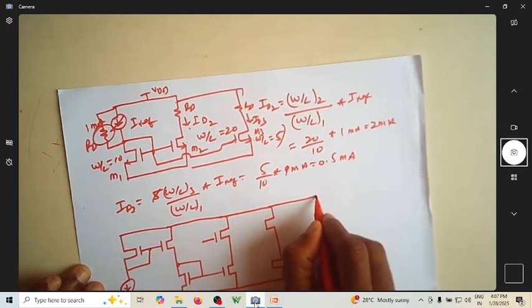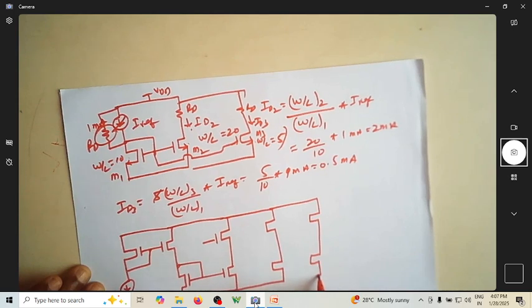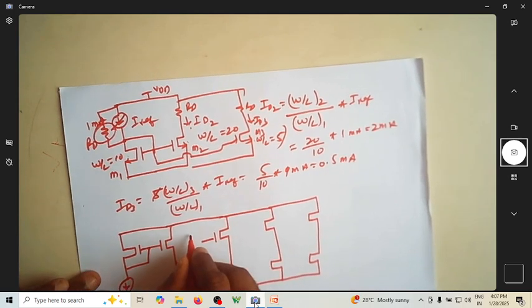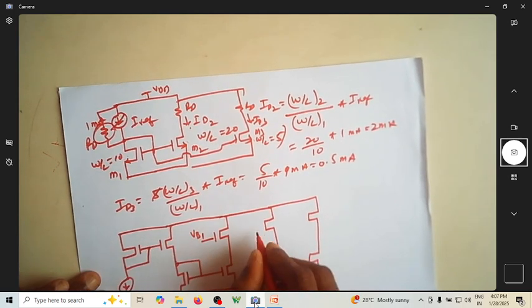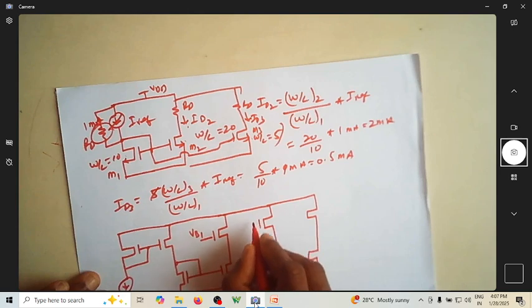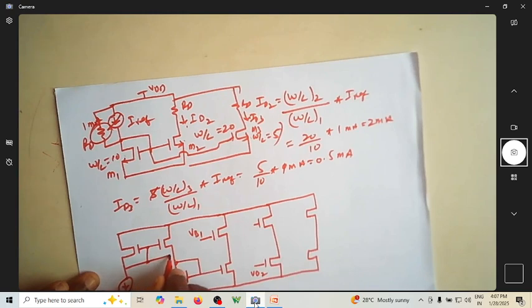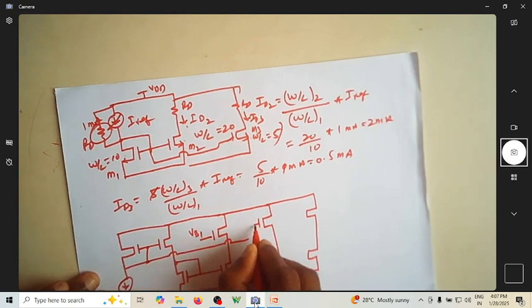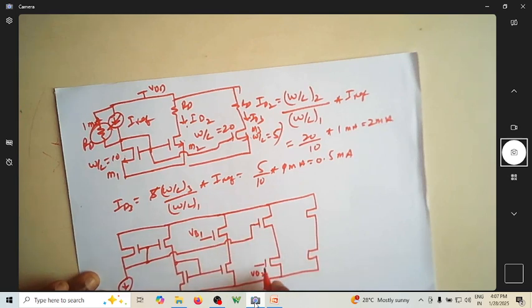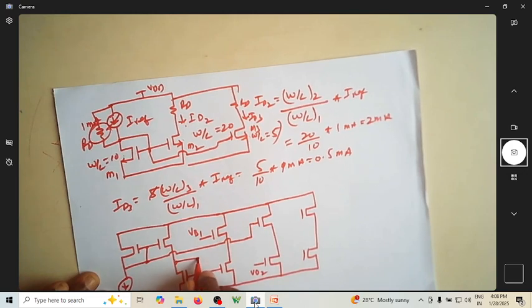Simply to give you some practice, how does the current differ? Let me say this is some VB1, and let me say this is some VB2. Let me take the tapping for this from this, take it to this, and for this, let me take it from here.